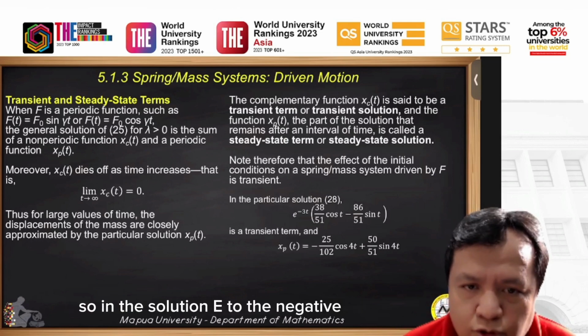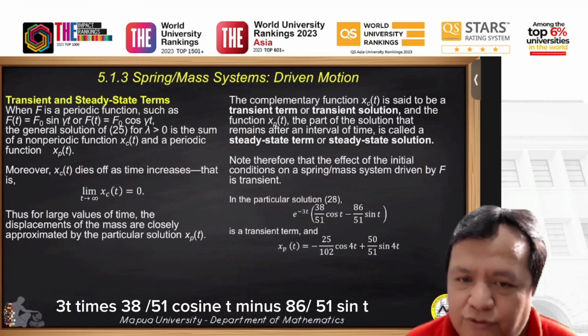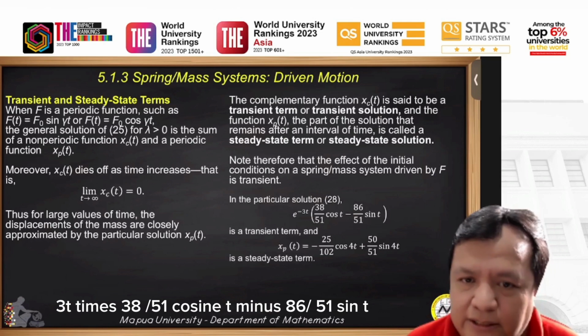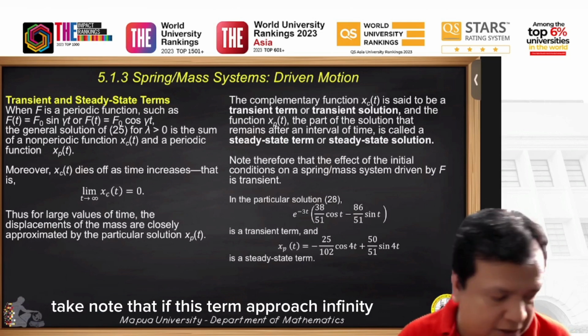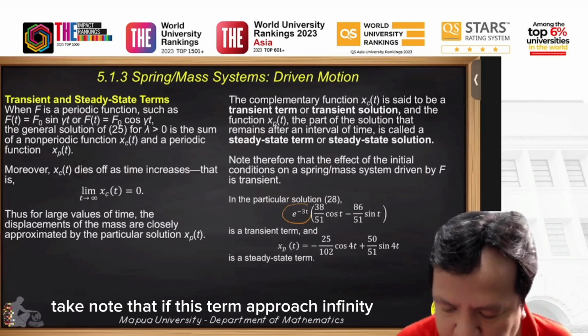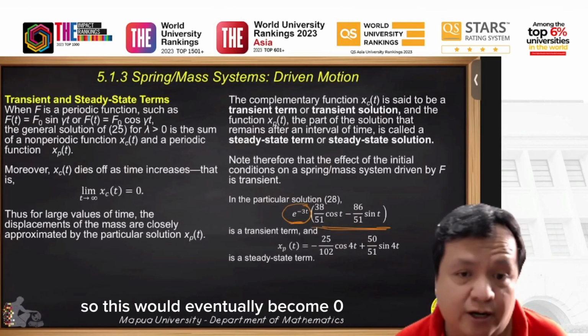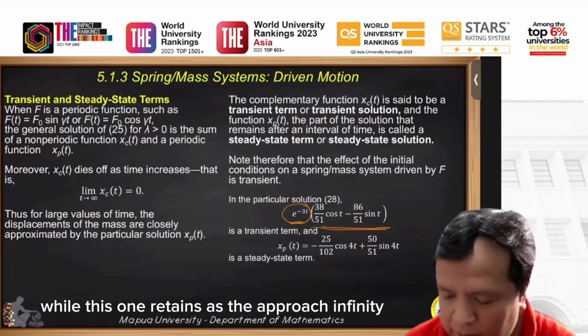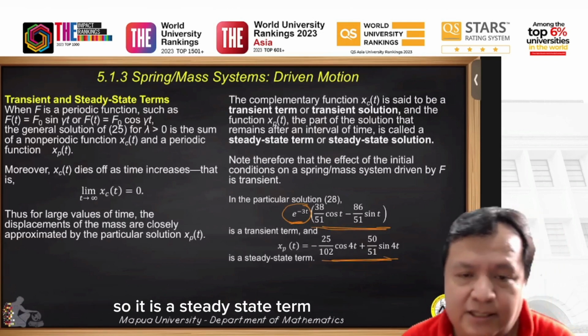So in the solution, e to the negative 3t times 38 over 51 cosine t minus 86 over 51 sine t is the transient, because take note that if t approaches infinity, this term would become 0, while this other one is retained as t approaches infinity. So it is the steady state term.